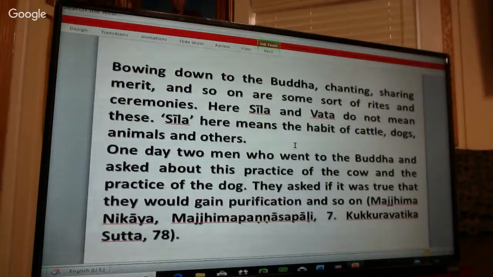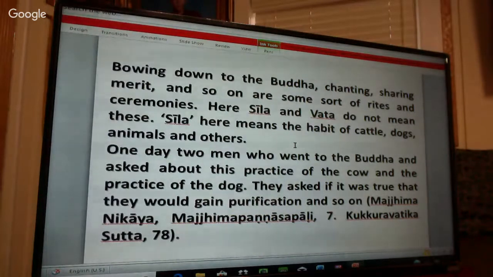Bowing down to the Buddha statue is not paying respect to the statue. Our mind is on the qualities of the Buddha, who showed the right way. The Buddha taught the Dharma, how to get freedom, liberation, free from wrong or rebirth.